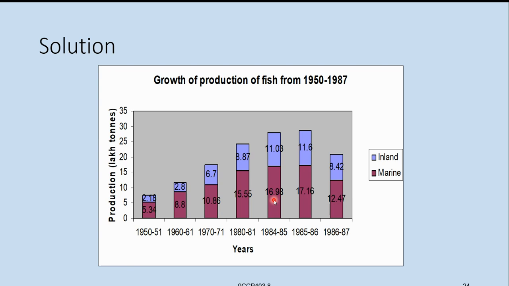Here we can show both inland and marine data. This is total inland. This is marine. Like that also we can show, or the total production of the fish. Right? All the years are shown on the x-axis and production in lakh tons is shown on the y-axis.